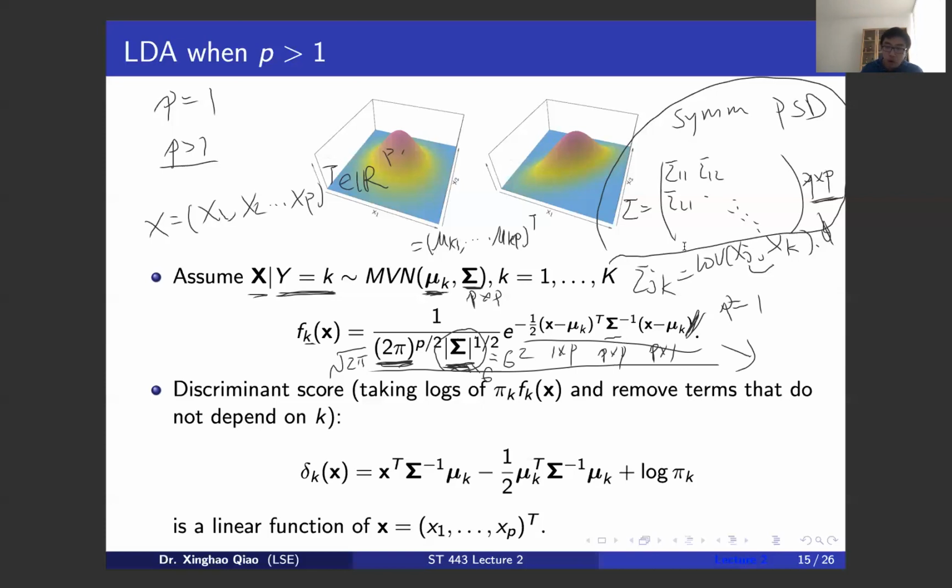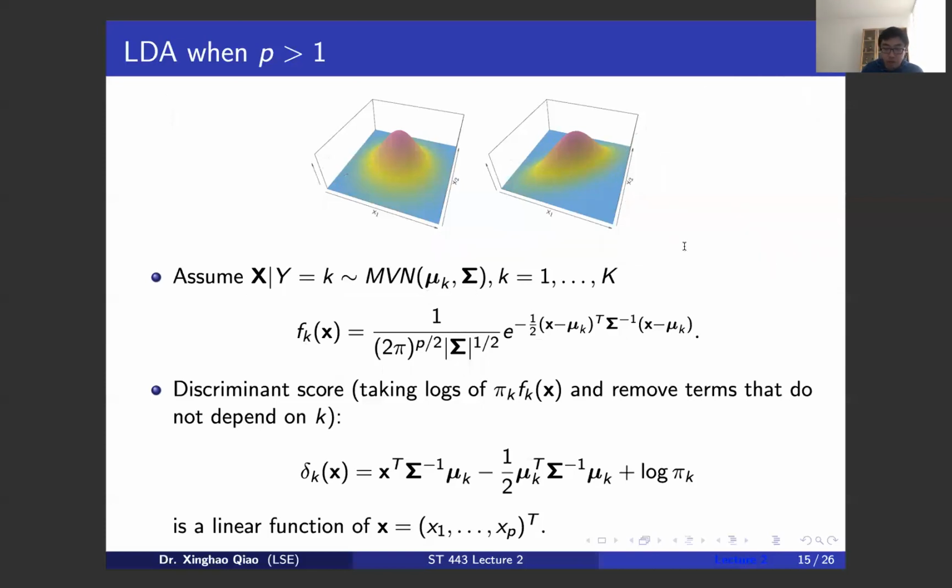Now we need to follow the same procedure, taking the log of pi k times fk, and then we remove the terms that do not depend on k.